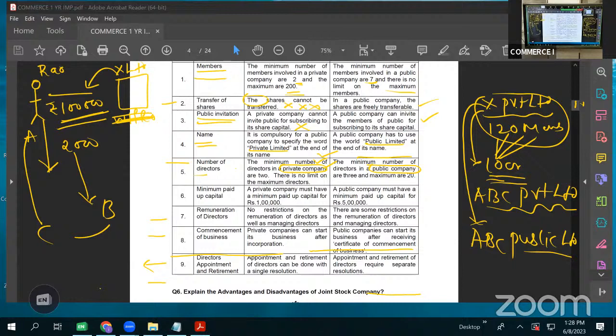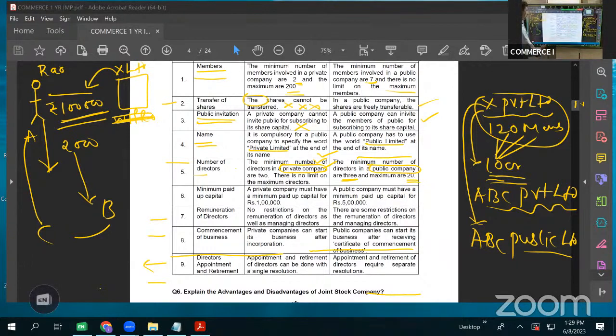Unlimited means we can understand one point: the maximum membership is 200 only, so obviously it cannot be beyond 200, but there is no limit on directors. But a public limited company has to have 3 as the minimum and 20 as the maximum number of directors.